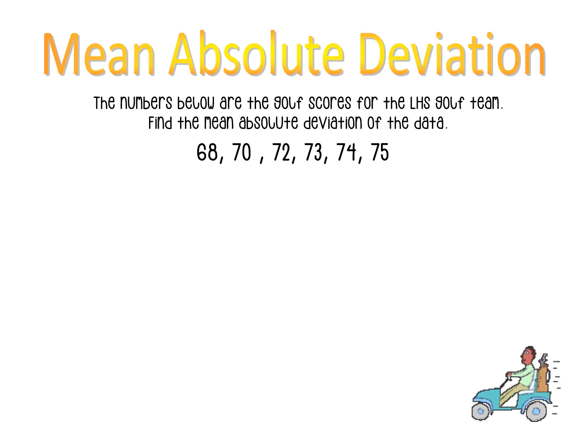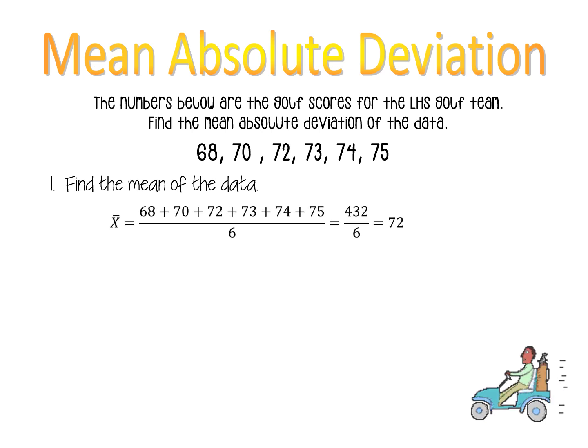I've already listed them in order, not that that matters because we're finding the average, but these are 6 scores from the golf team. Step 1, we need to find the average. To find the average, we're going to add up all the scores and divide by 6. When we do that, we get that the average is 72.